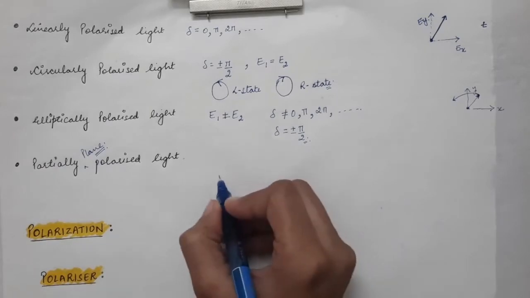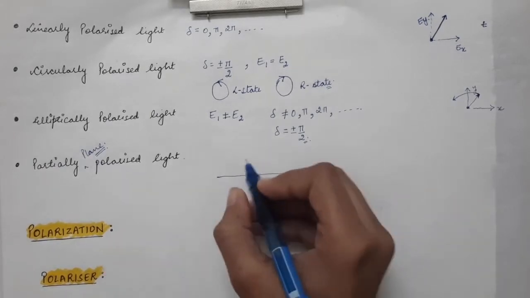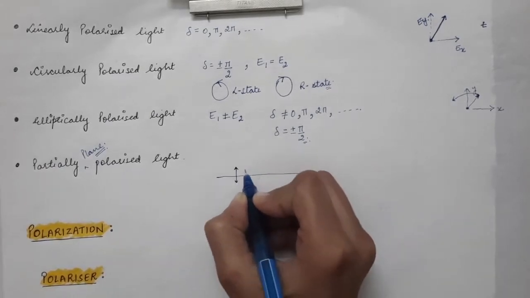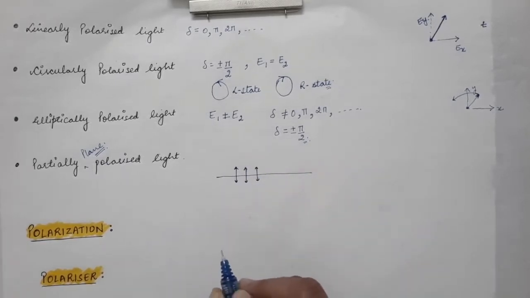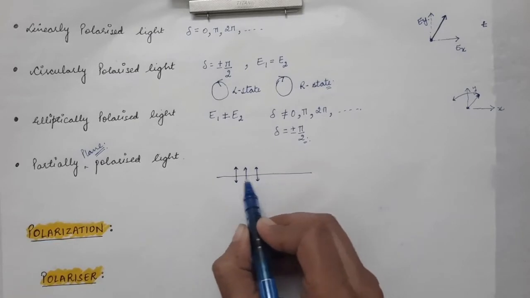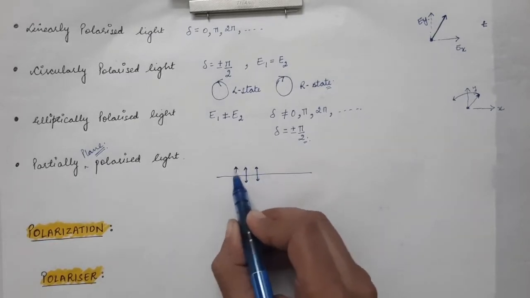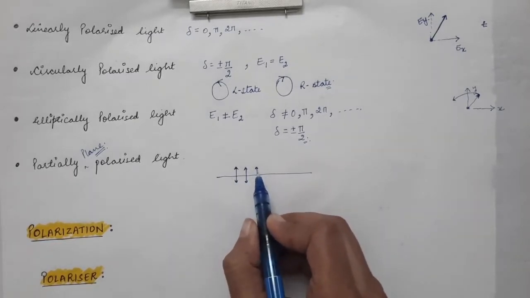So for some time interval the EM wave will appear to us to have its vibrations in one plane, so it appears plane polarized.